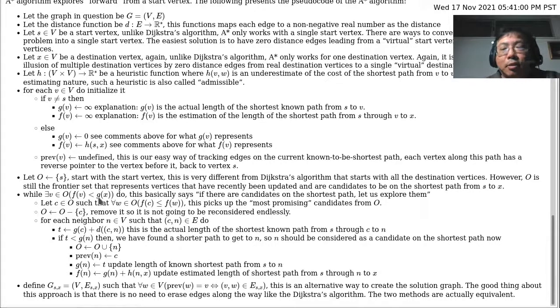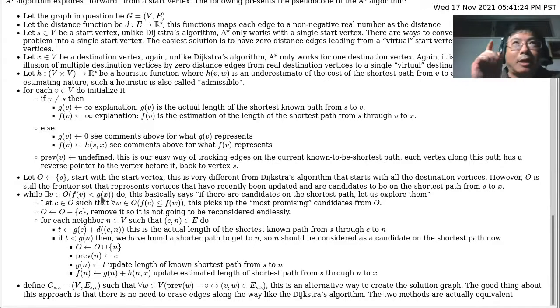But the other way to look at this is exactly the opposite. What if the f value of all the vertices in O are greater than or equal to g of x? And because the heuristic function is an underestimate, that means the actual length of all the paths going through every single one.